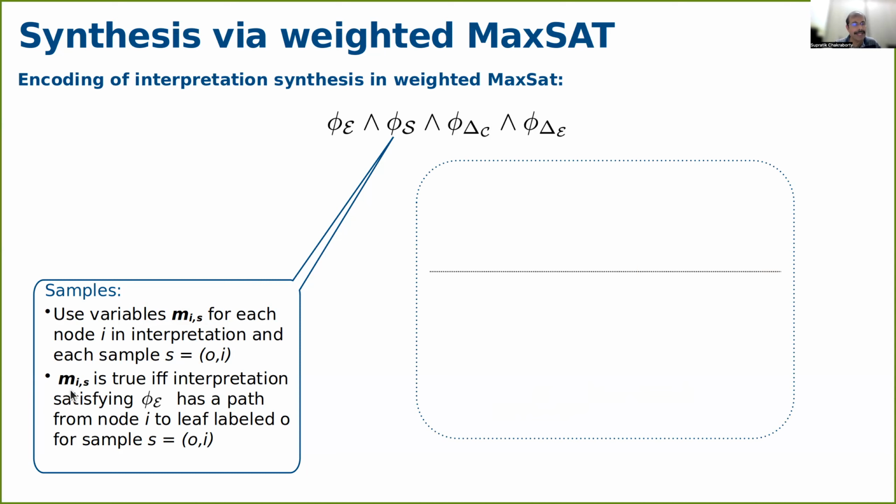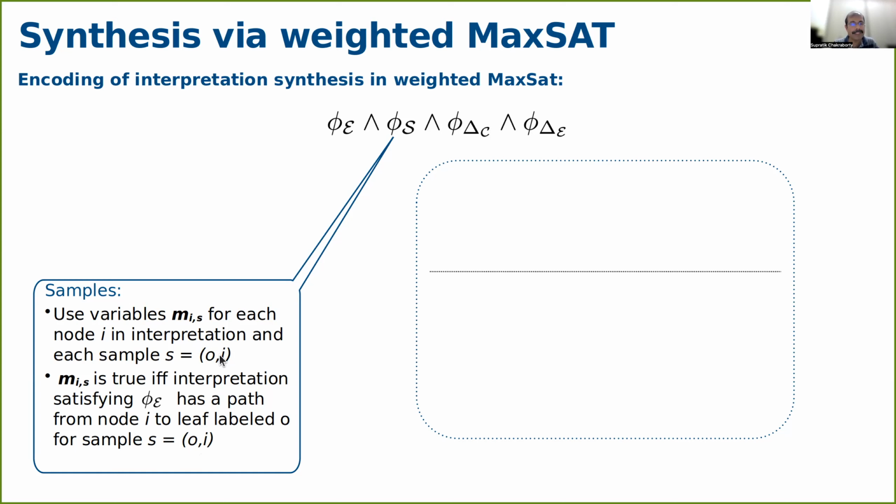And this variable MIS will be true if and only if the interpretation that satisfies phi E, remember this phi S, I'm going to conjunct with phi E, and every satisfying assignment of phi E gives me a decision diagram, some interpretation. So if the interpretation satisfying phi E has a path from node I to a leaf labeled O.